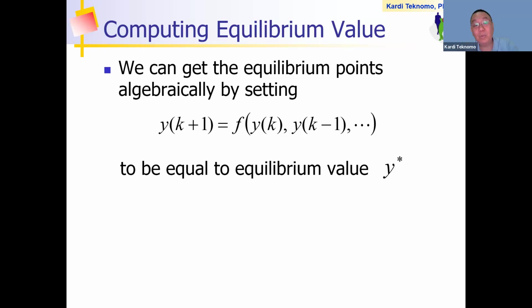Then you set this equation equal to your equilibrium value, which is y star. Why do you need to set it equal to the equilibrium value? Because the meaning of equilibrium is a fixed value, meaning over time it will not change.